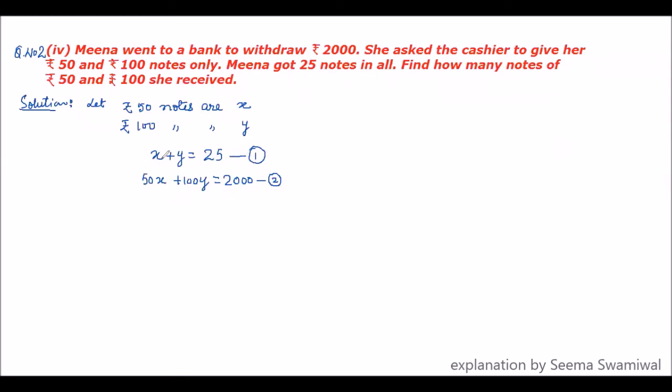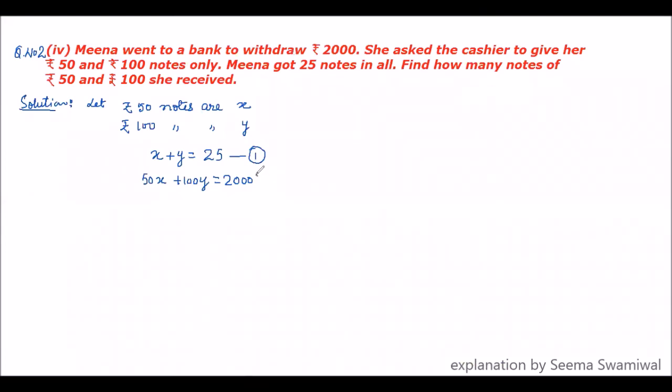The first equation is in its simplest form, but the second equation is divisible by 50. In the whole second equation, both sides, each and every term is divisible by 50. So we will not consider this as the second equation yet. We will first convert it into simplest form.